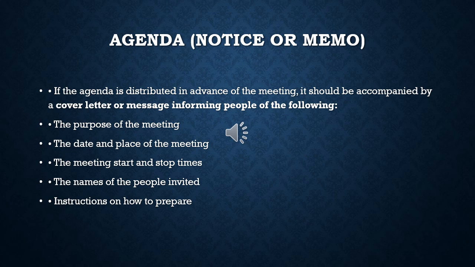If you don't have an approximate stopping point for the meeting, then do not mention it. The names of the people who are invited, who are called attendees, and the instructions on how to prepare. That is, if they need anything for the meeting, like preparation or ideas, then you also need to state those instructions.